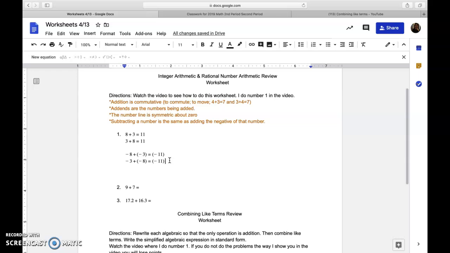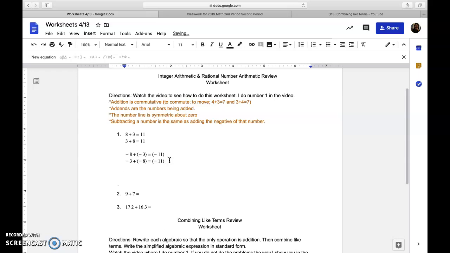That's the next thing I want you to use. The next equation you're going to write is going to use this property, that subtracting a number is the same as adding the negative of that number. So you're going to take this equation and you're going to express this negative 8 as a subtraction problem.